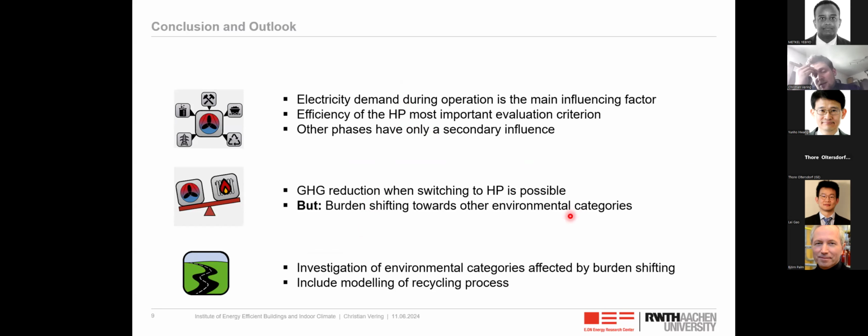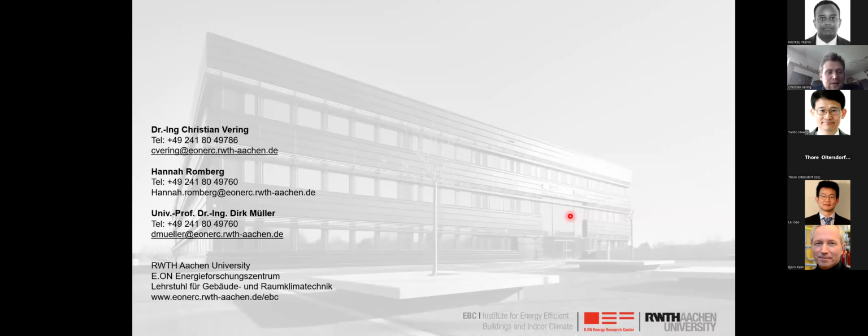And now our target is to investigate which categories are very important. That's the first. And the second, we have to include the recycling process to see which impact this has on the overall assessment. Thank you for your kind attention. The slides will be uploaded in the end, and I'm looking forward to your questions.